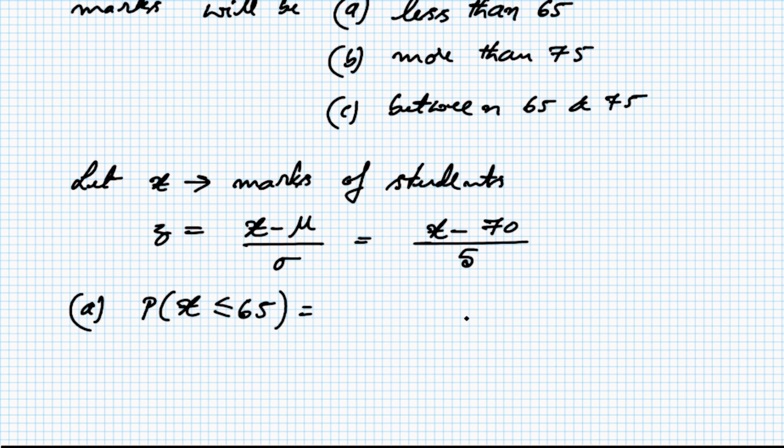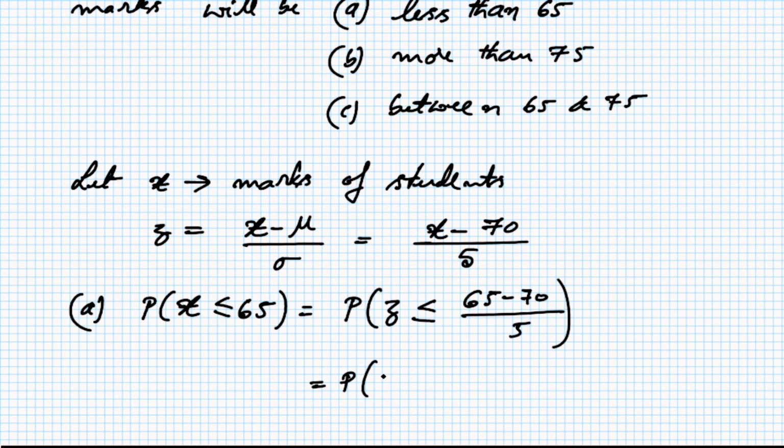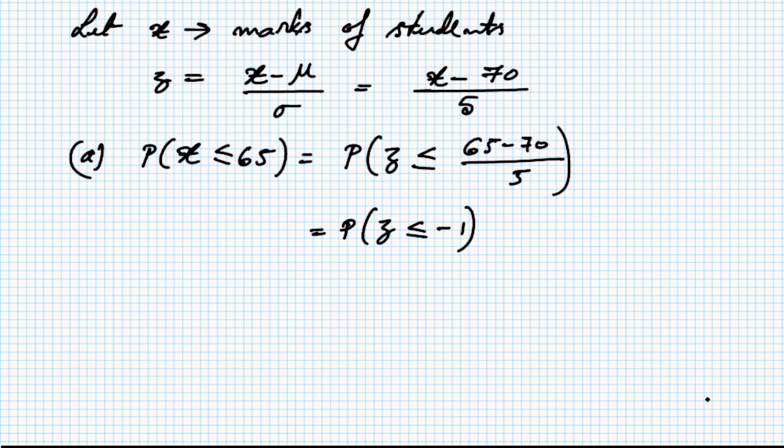That is equal to the probability that Z is less than or equal to 65 minus 70 divided by 5. 65 minus 70 is minus 5, minus 5 by 5 is minus 1. So the probability that Z is lesser than minus 1 is my question.